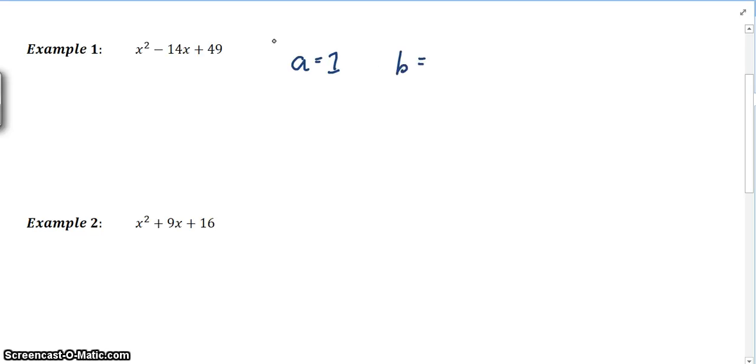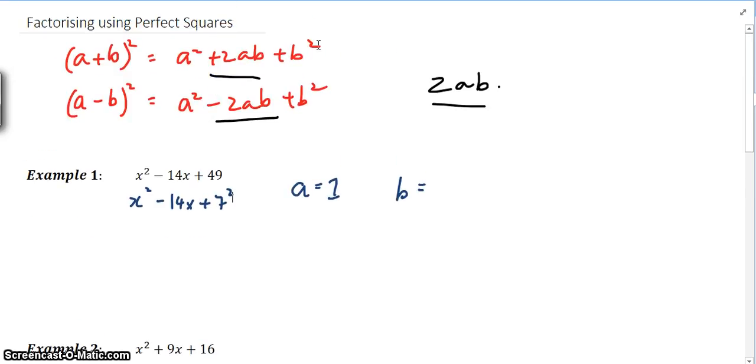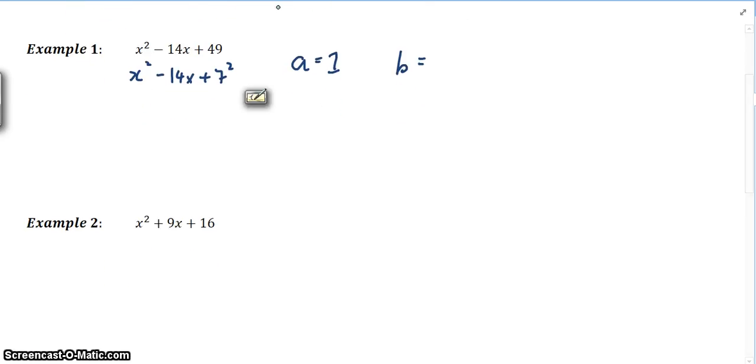Some of you might think it's 49, but we need to be careful. I'm going to rewrite this as x squared minus 14x plus 7 squared, because we want to reduce this down to a perfect square, following the form of b squared. So in this case, b is actually 7.